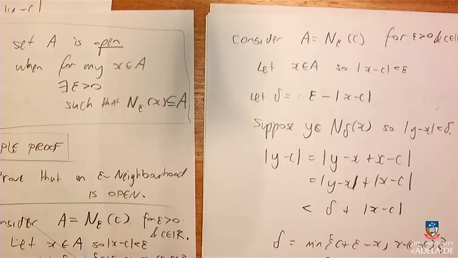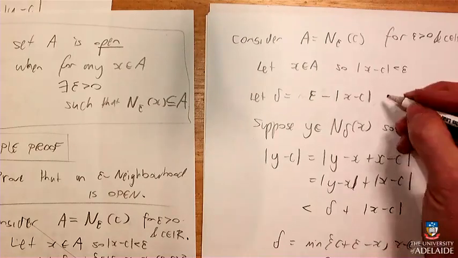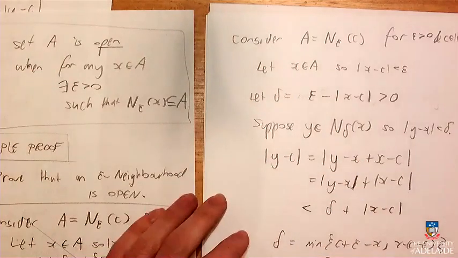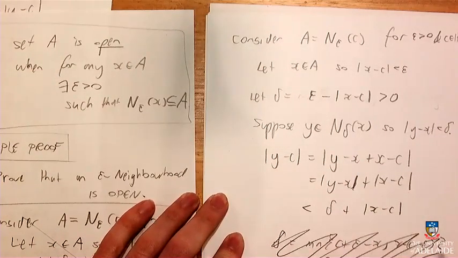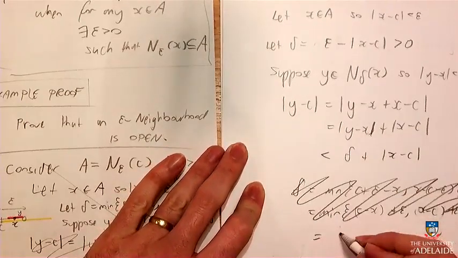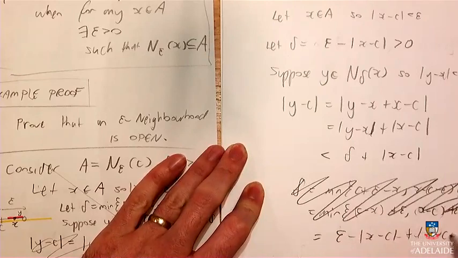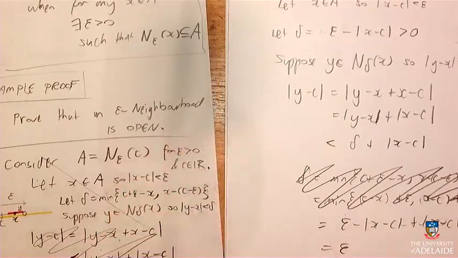Oh, that's it! Right. I've got it! Yes! The world makes sense again. Okay. So we don't need any of this stuff. That's equal to epsilon minus the distance between x and c plus the distance between x and c, which is epsilon.